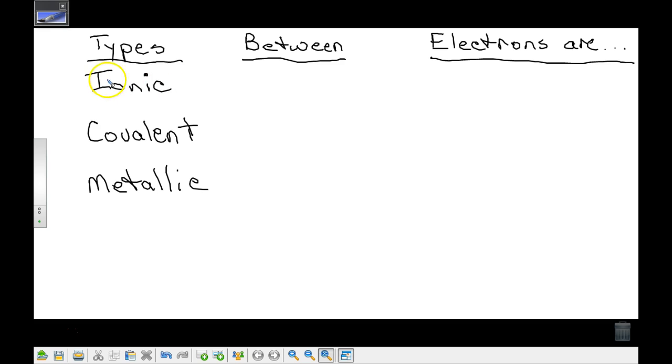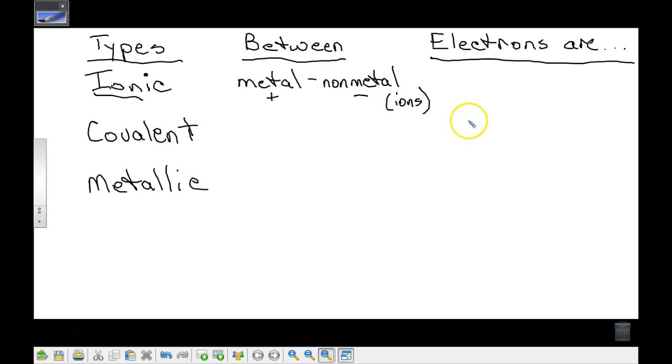Well, I hope by now you know that an ionic bond is between a metal and a nonmetal. And what ends up happening is an electron leaves the metal, becomes positively charged, goes to a nonmetal, which becomes negatively charged, which then makes both of these ions, which of course is why we call it an ionic bond.